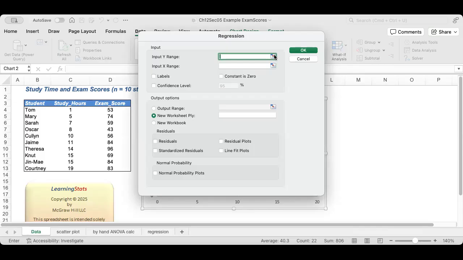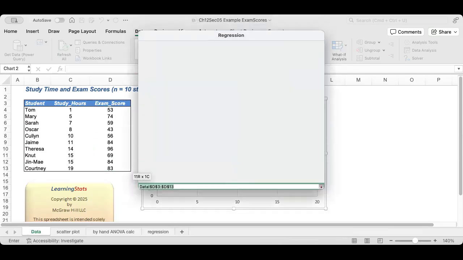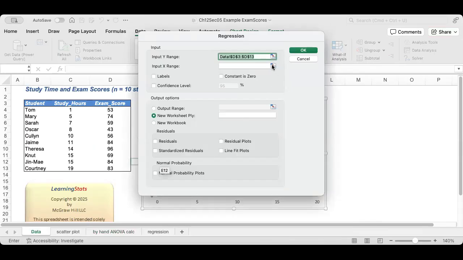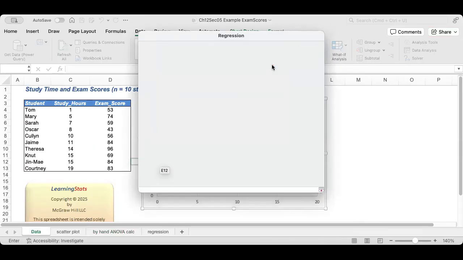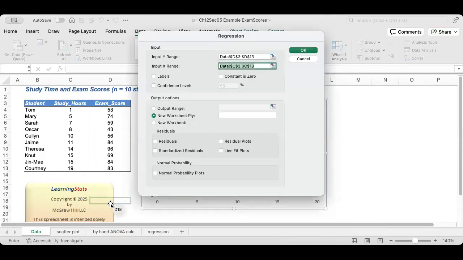What is the thing I am trying to predict? The exam score. So I highlight the exam scores. My predictor is the number of hours studying. Notice I highlighted the label in each case. So I'm going to tell it, hey, there are labels here.